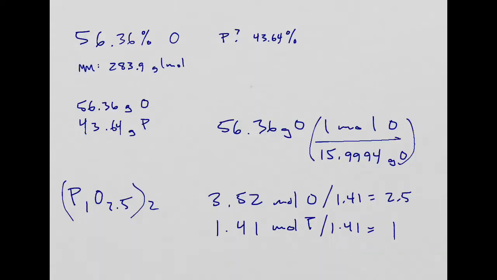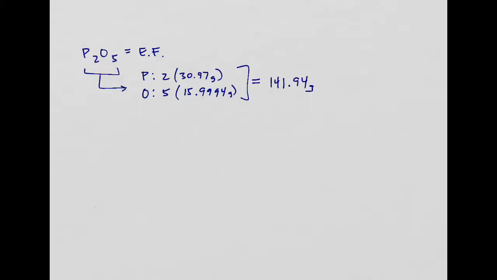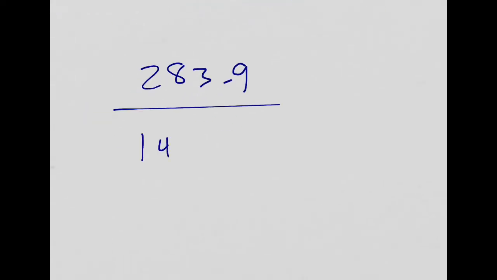This is where this handy thing comes into play, the molar mass that I gave you in the beginning. Because now I'm going to use that information to determine my molecular formula. I'm going to take that 283.9 grams per mole, and I'm going to divide that by my 141.94.